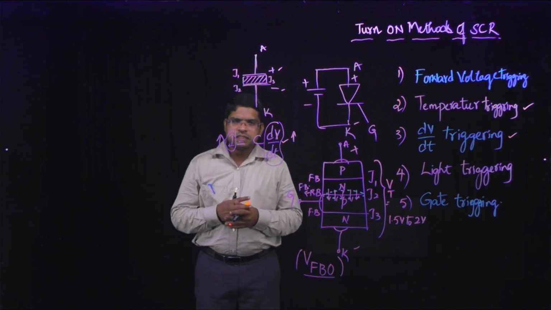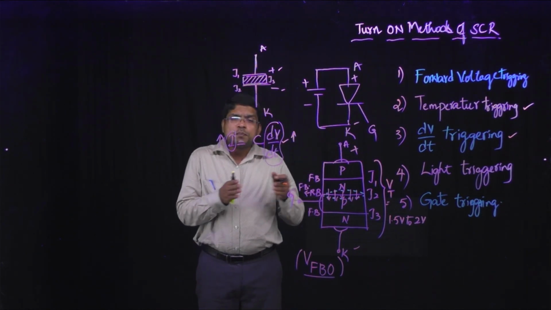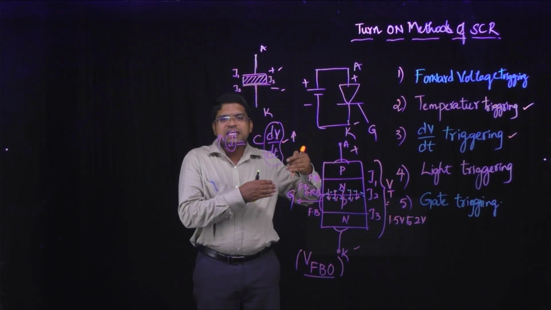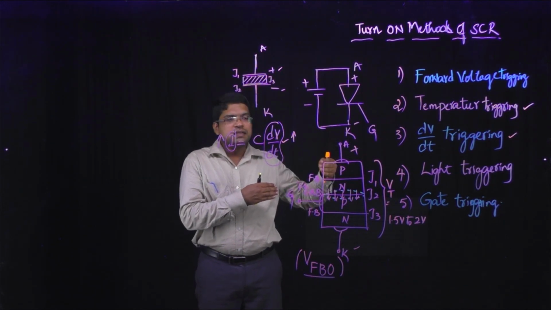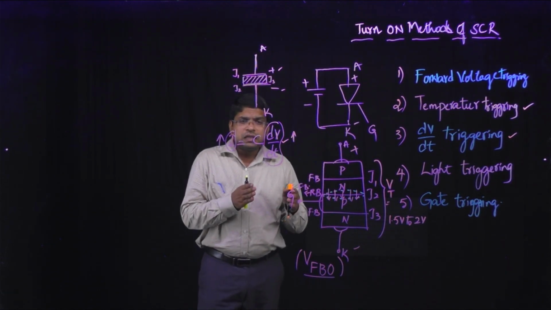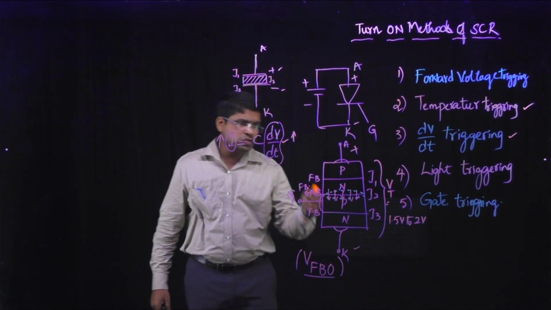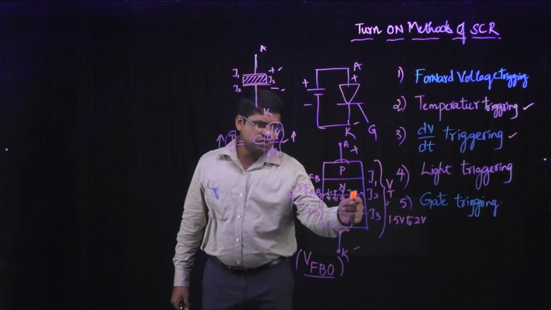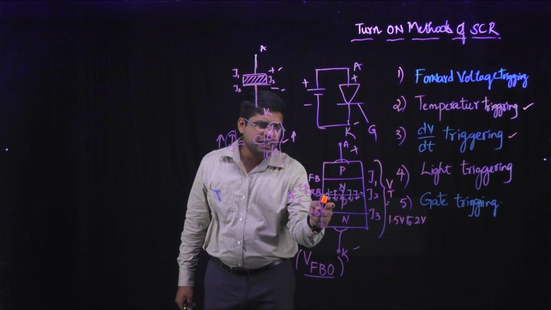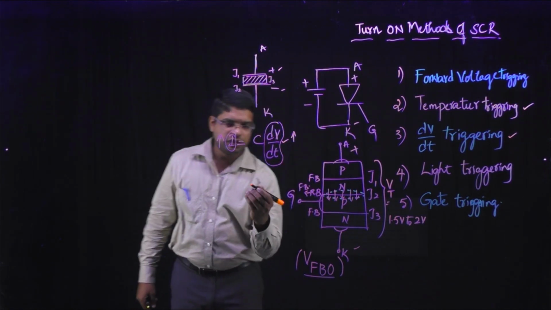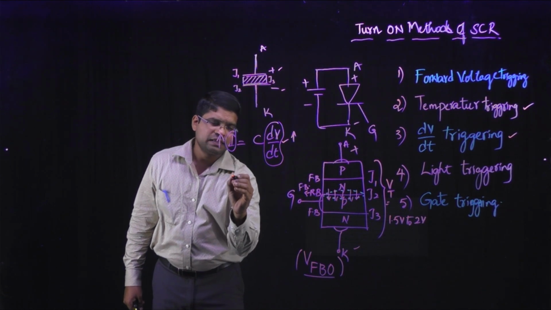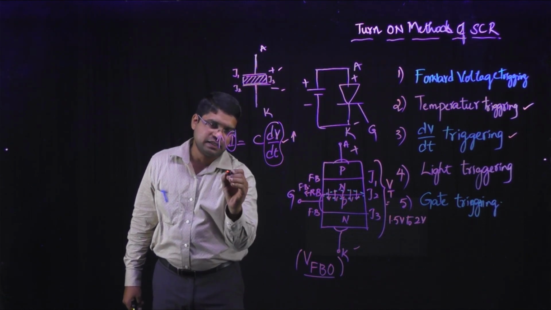In this method, light rays with appropriate wavelength and intensity are allowed to strike the junction J2, where the depletion layer is formed. When the light strikes junction J2, the electron-hole pairs increase in the inner P layer.